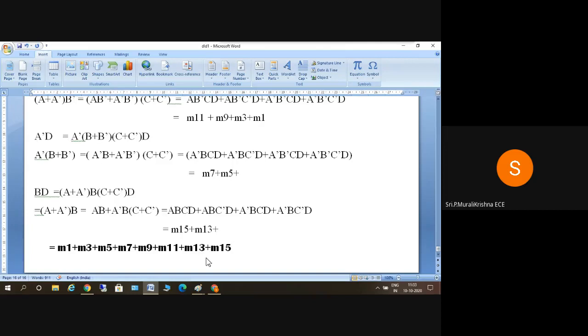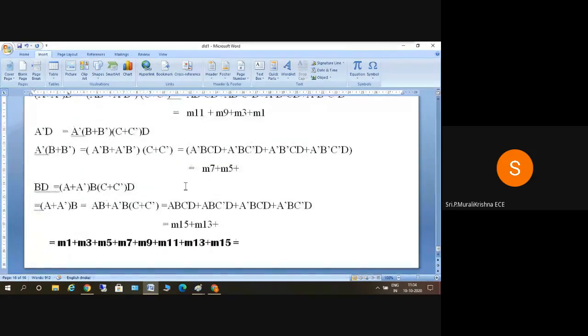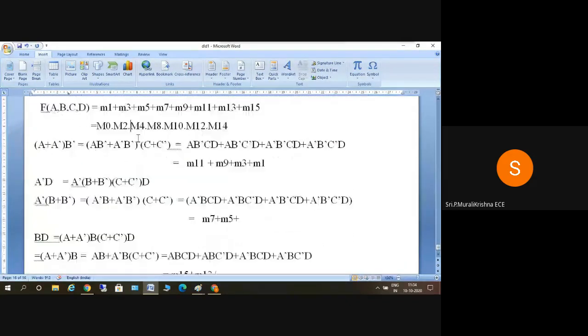So 1, 3, 5, 7, 9, 11, 13, 15. Okay, so max terms are the remaining terms 0, 2, 4, 6, 8, 10, 12, 14. And max terms are equal to the remaining terms. There is no 2 here. And add a 2 here. Clear? So these are the min terms and these are the max terms.